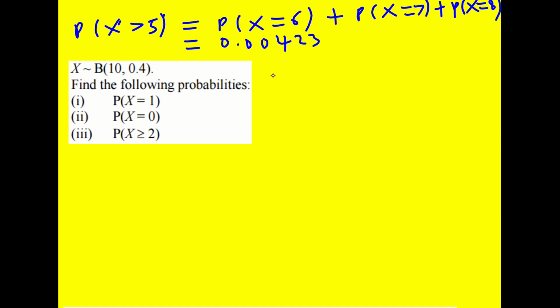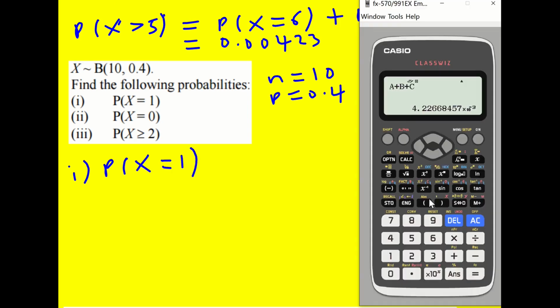So in this one, x follows a binomial distribution with 10 trials, and the probability is 0.4. Okay, let's work out the probability that x is 1. Same as before, let's get back to the distribution, 7, binomial PD. This time I'm just going to list it because I can do both questions in one go. Let's do 1 first and then 0, so I get the order correct.